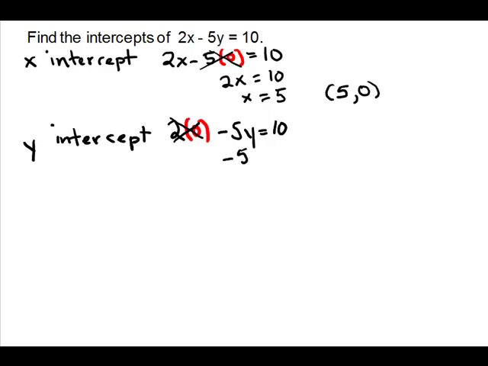With -5y equals 10. Divide on both sides by -5 will give us y equals -2. To write it as an ordered pair, our x is 0 and the y is -2. So here are our intercepts.